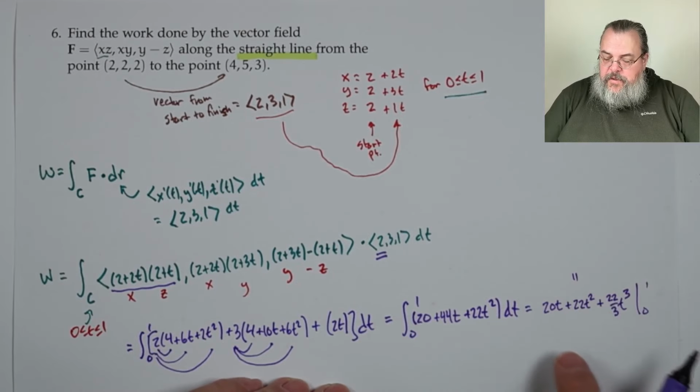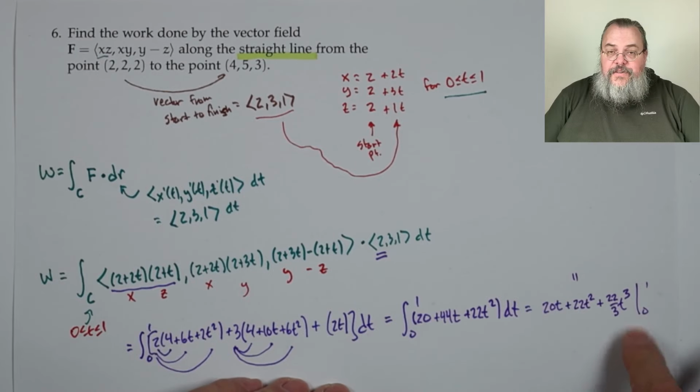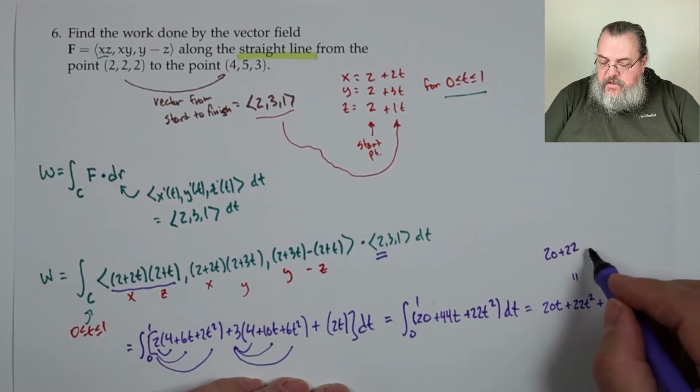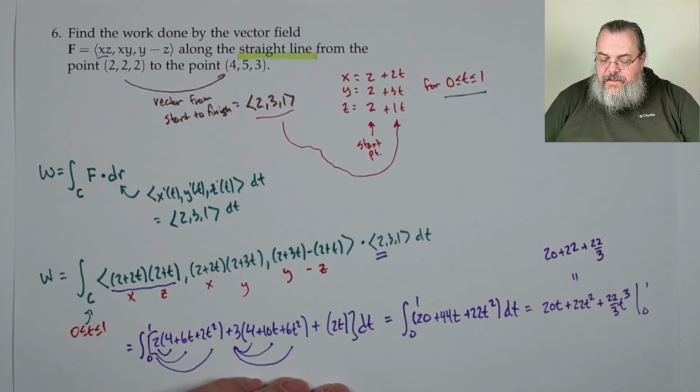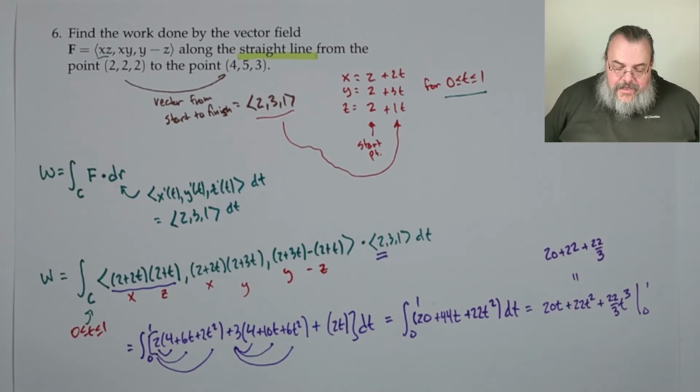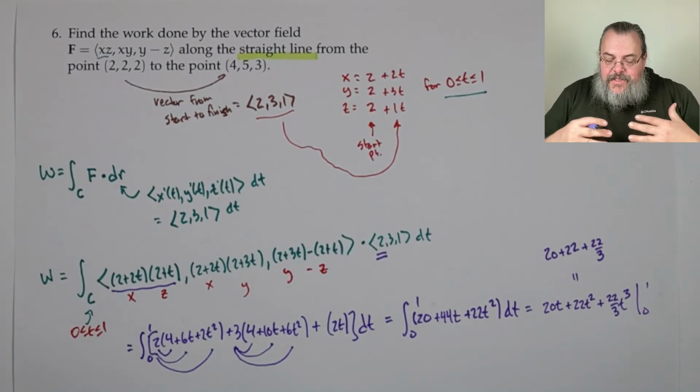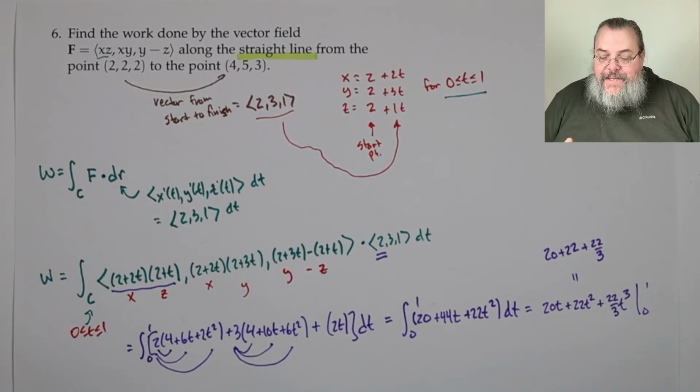Well, the good news is you plug in 0, you get 0. So you plug in 1, you get 20 plus 22 plus 22 over 3. And that's our answer, but we're going to go ahead and put it all together, nice and neat, in a beautiful little package.